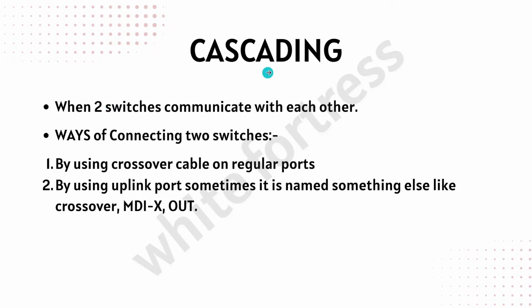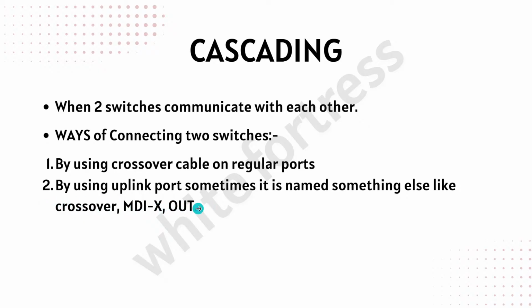Let's continue. Now we have cascading. When you want to connect switch to switch, we call this process cascading, and we do it using the crossover cable. We will talk about the cables in the upcoming lectures. If we do not want to use a crossover cable but a straight through cable, we can use the crossover port, MDIX, and out port.